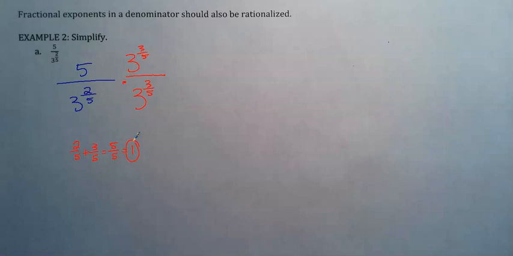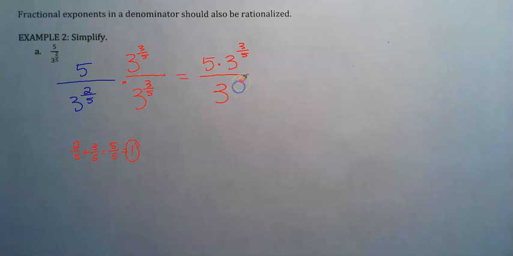That's taking the denominator to just 3, because it's 3 to the power of 5/5, or to the power of 1. Isn't that pretty awesome? And then in our numerator, we're going to have 5 times 3 to the 3/5 power. We don't have the same bases, so we can't do anything else. So this is our answer, except we wouldn't write the 1 here, right?